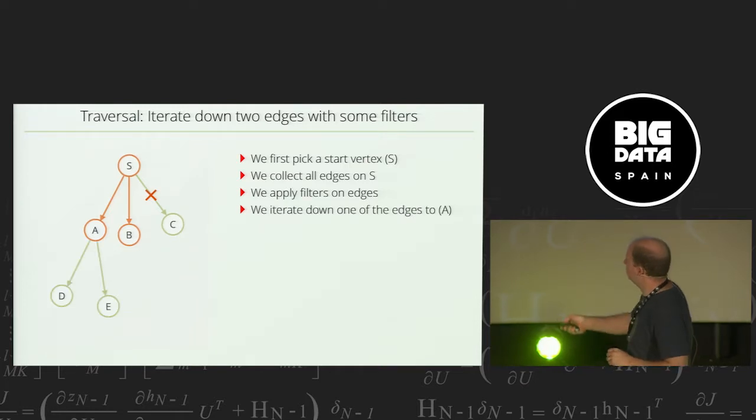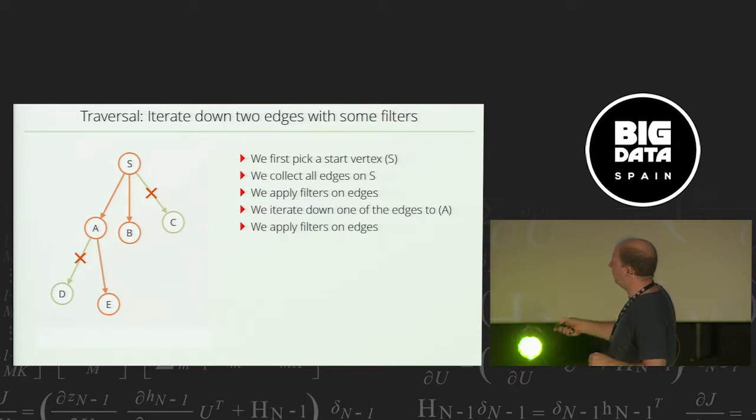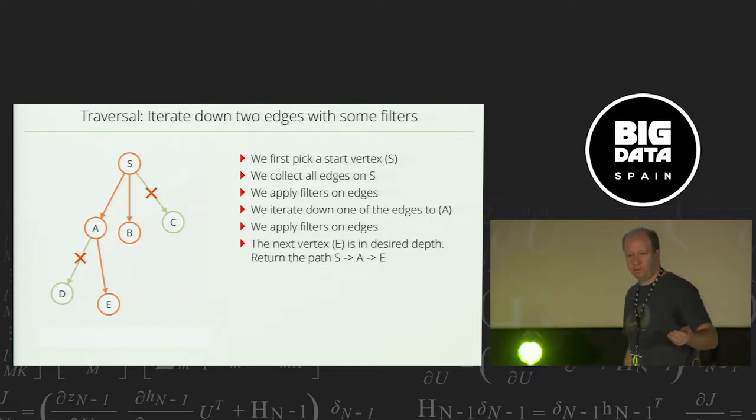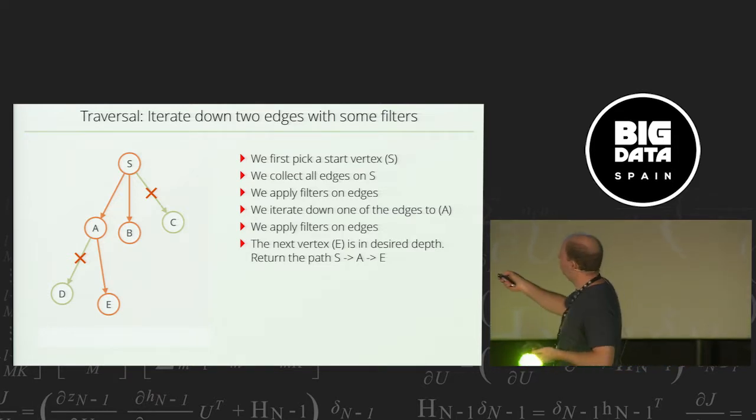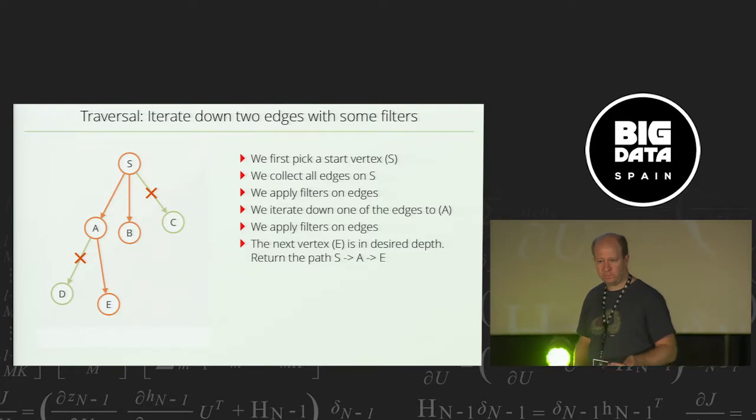So for example, we start with the first one and iterate, and we say, what are the outgoing edges from A? So now the answer is D and E, and again, we might filter out some, and then we're here. And now if we are, for example, looking for paths of length 2 with a certain pattern, then we would have found our first result here from S to A to E, and return this as one result.